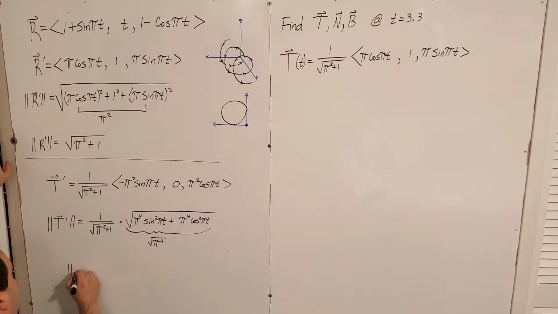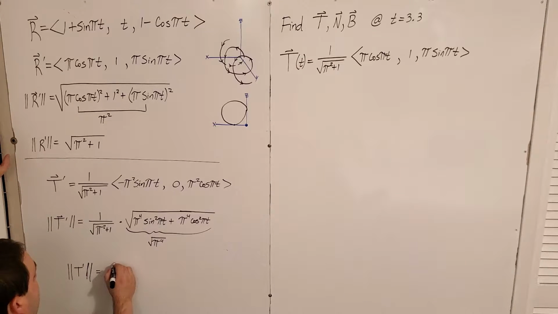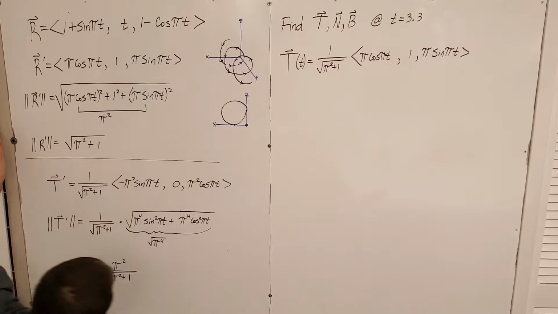So the length of the derivative vector there, I'm sorry, not the derivative vector, the derivative of the unit tangent vector, is going to be pi squared divided by the square root of pi squared plus 1. Okay.